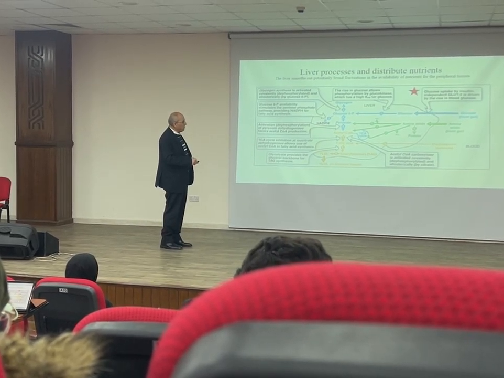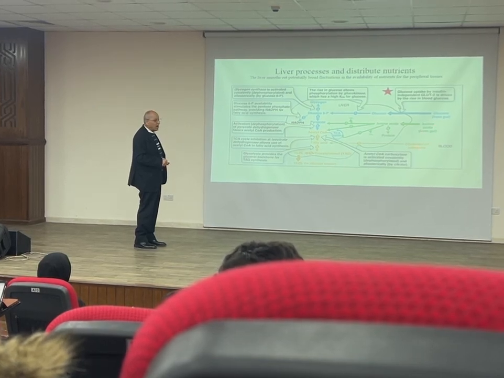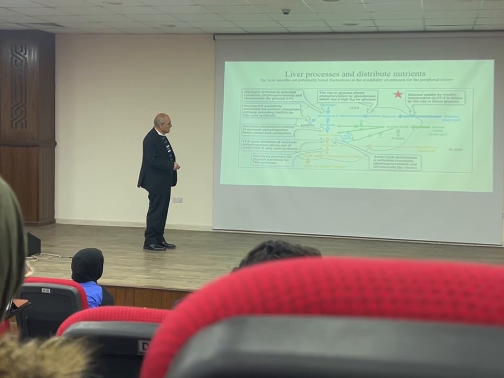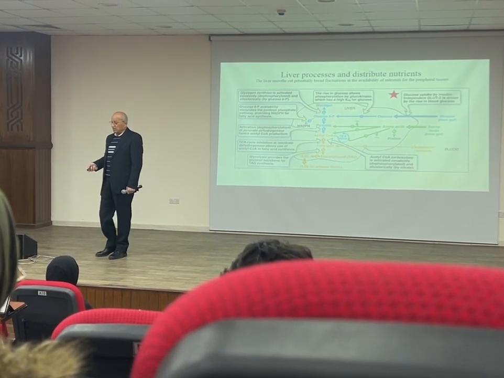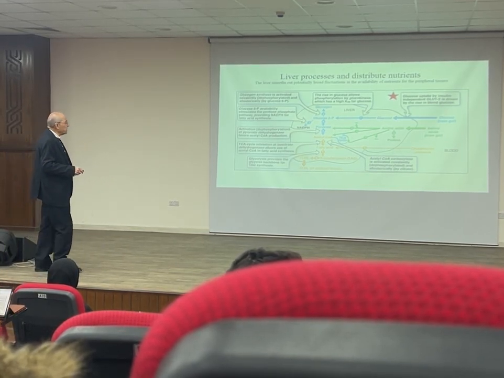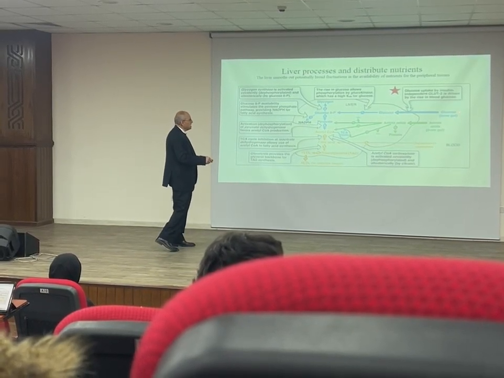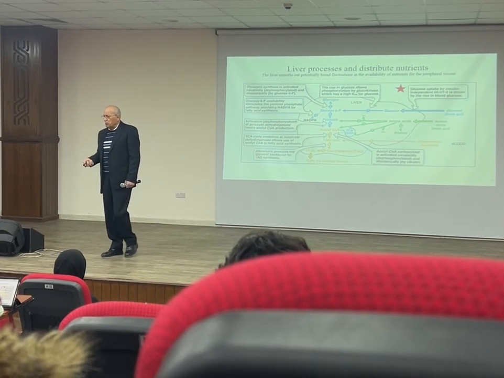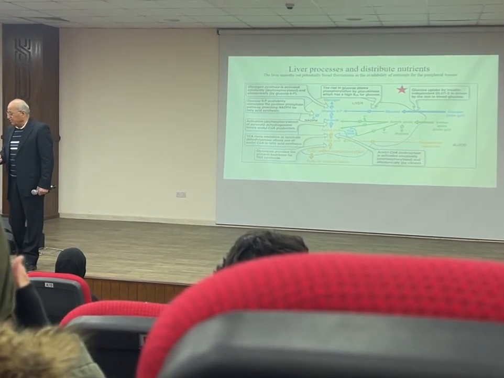Now we have high glucose, high amino acids, and high lipids in the blood. So we are talking here about these substances found in the blood that will affect the integration of metabolism, and their uptake will be increased. Let's talk about carbohydrate metabolism under the well-fed state in the liver first.